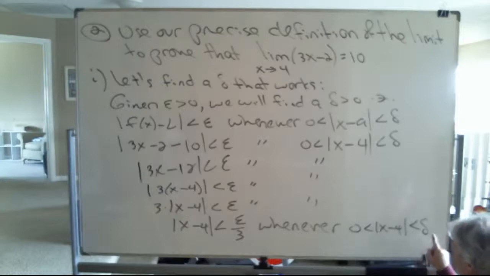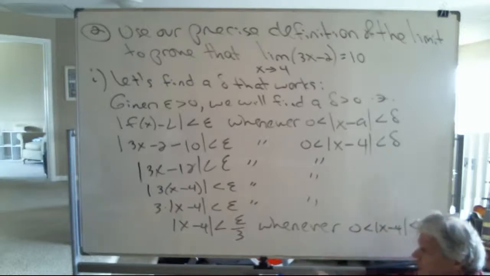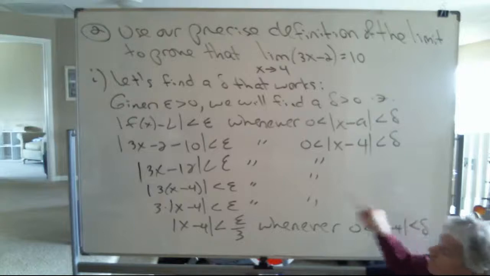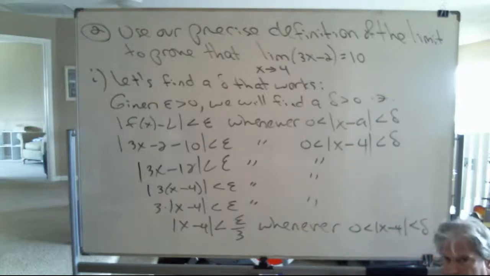Now, you see both this delta and that expression involving epsilon are both upper bounds for this expression, and therefore I'm going to choose delta to be equal to that algebraic expression involving epsilon. Not enough room down here, but I could write let delta be equal to epsilon over 3.